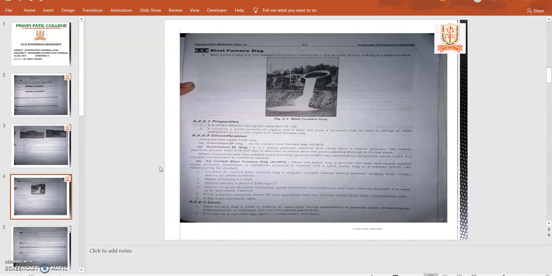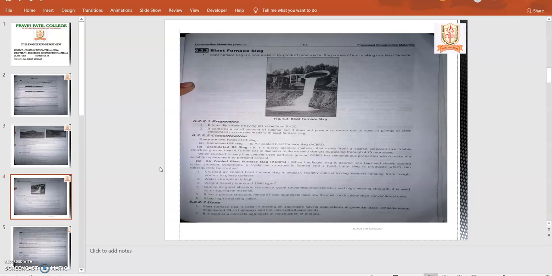Then what is the classification? Based on granulated BF slag and air cooled blast furnace slag. BF means blast furnace slag. So the first one is granulated blast furnace slag. It is a glassy granular material that varies from coarse, popcorn-like friable structure greater than 4.75 mm in diameter, to dense sand-size grains passing through the 4.75 mm sieve.